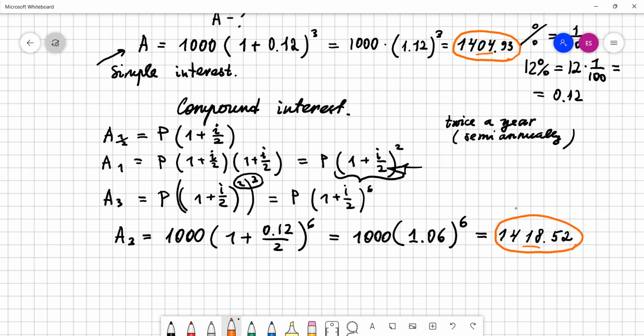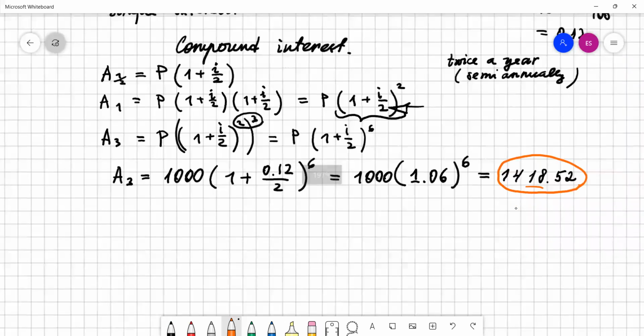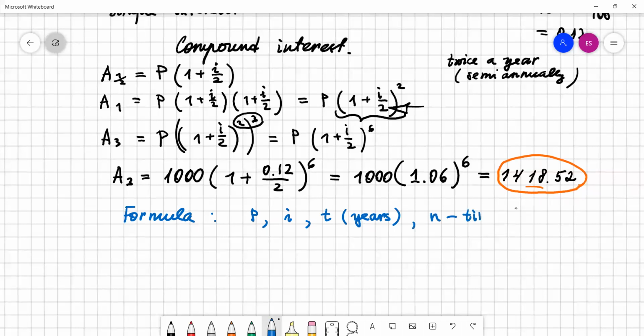And I'm going to write down the formula for compound interest just to make sure that everyone gets it. Formula. Principal, interest. I'm going to put T as the time in years. N is going to be the number of times we combine interest per year.